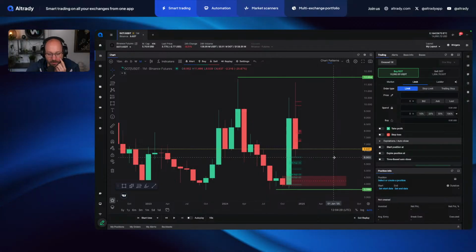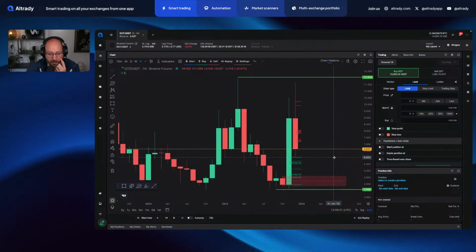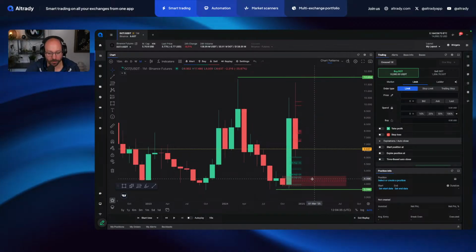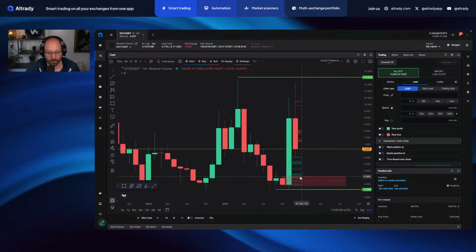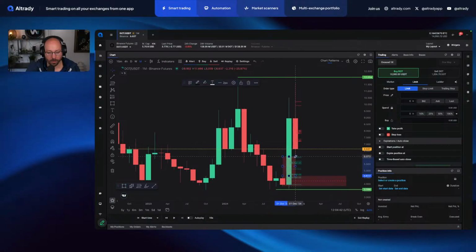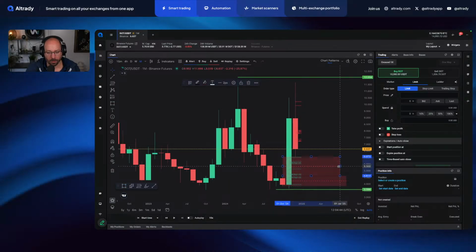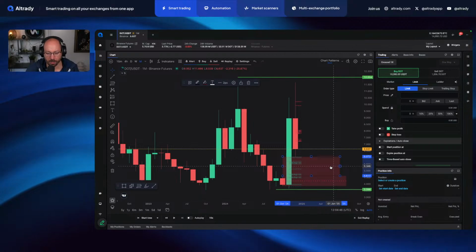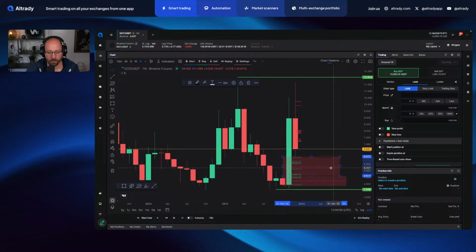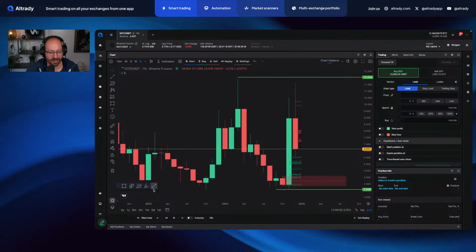Not much else actually. I don't see any fair value gaps apart from this one, which is a fair value gap, I suppose. You can mark it with the horizontal line as well, or you can use this one. On monthly, you don't need to draw it this big because it will take the whole width of the page.